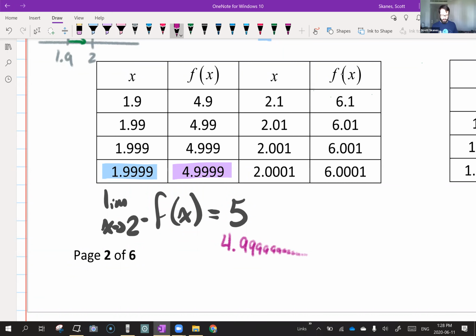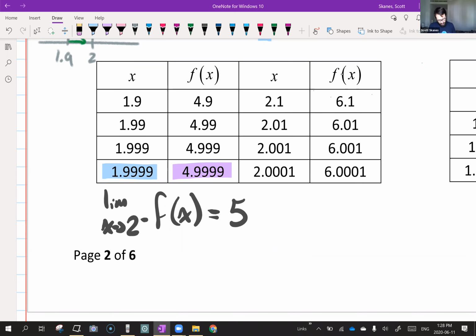If you had 5.99999999999 reals, are you going to pay someone 5.999999999 reals? No, money doesn't even go that close to the decimal. You just round up. 5. Take the closest whole number.